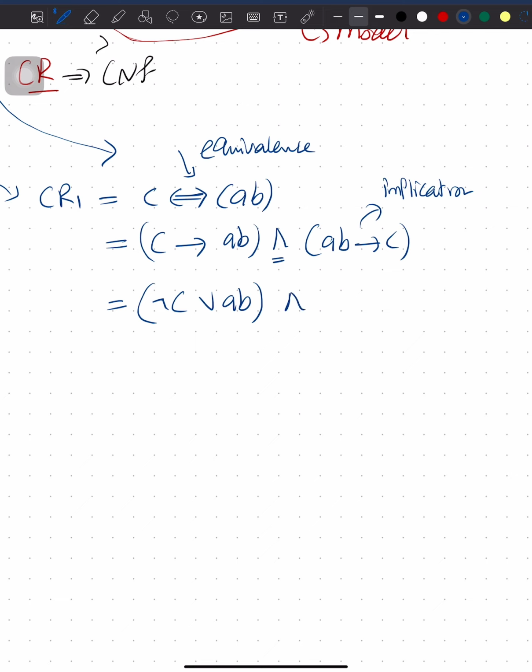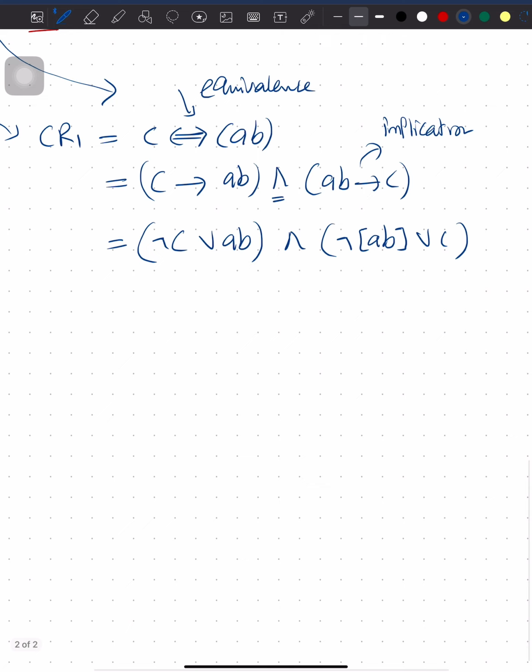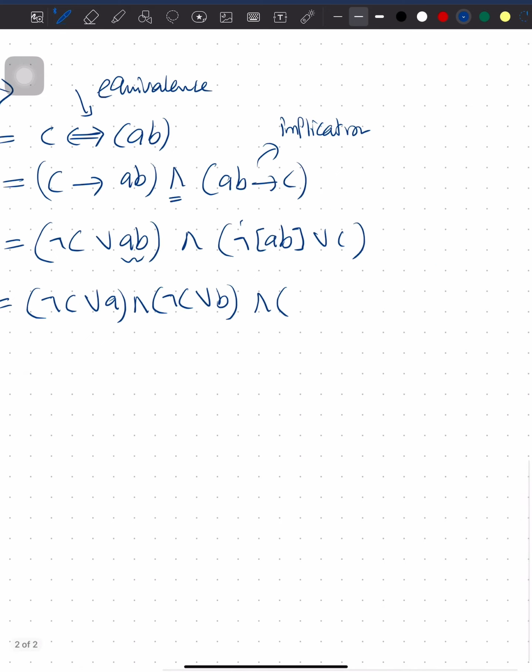This is still ended with not, I'm just gonna take this between brackets, not AB or C. And of course we can further simplify this: not C or A, and not C or B, and here we can use De Morgan and distribute this. So it will be not A, and the AND here will be turned into an or, not B or C.